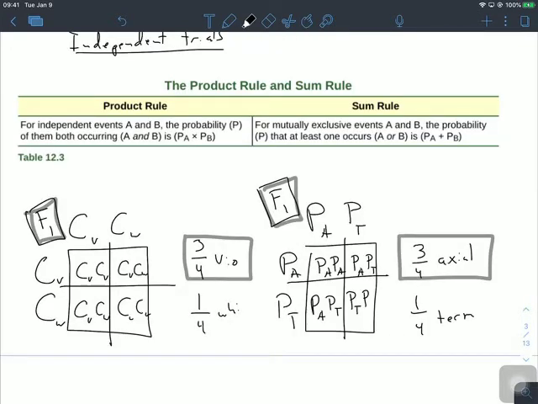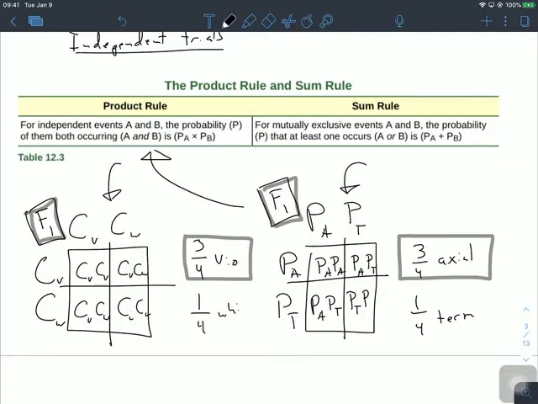So you'll notice that I used the term "and" between these. That should hint you towards the product rule, as these are two independent pools.